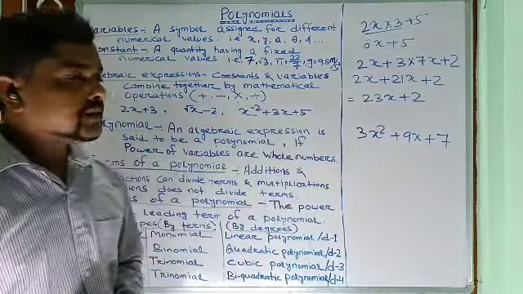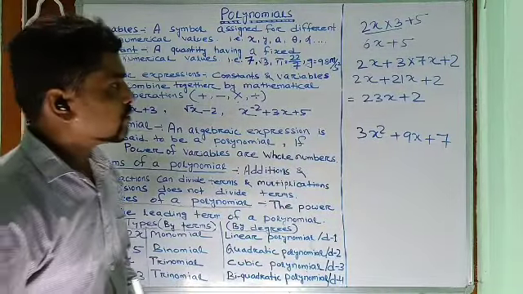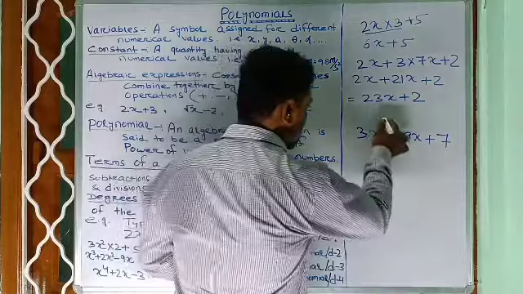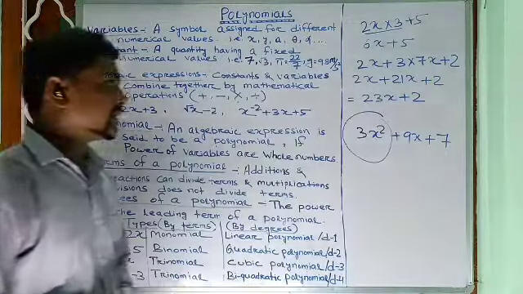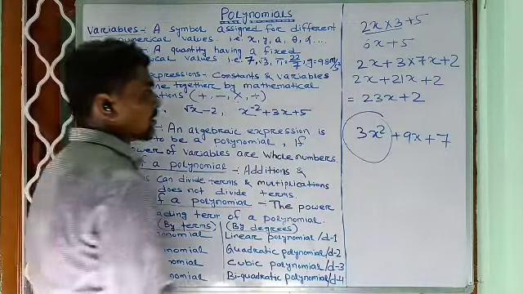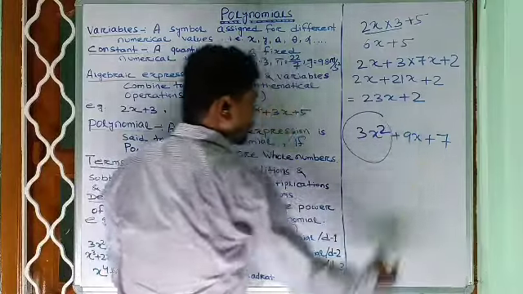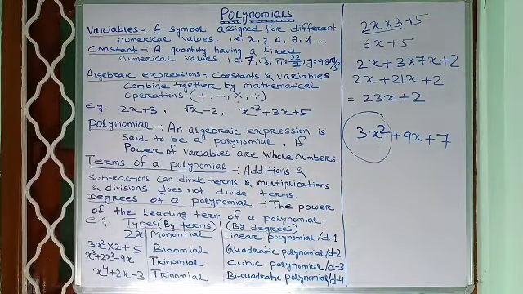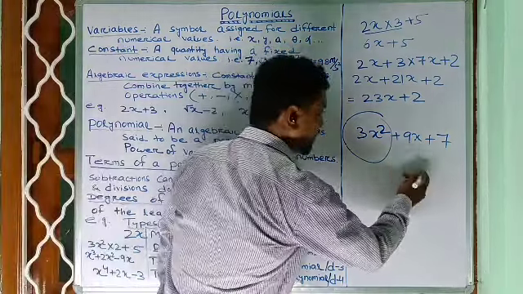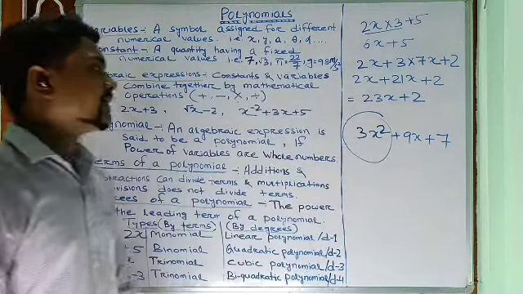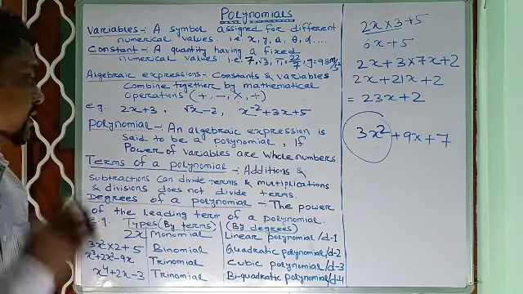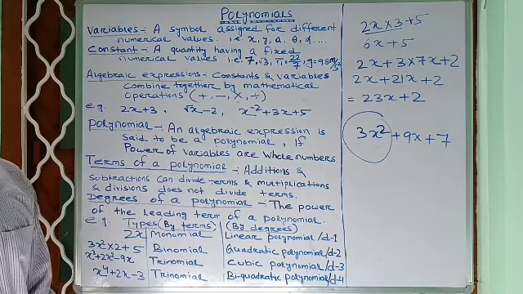The leading term means the highest power variable term. Here 3x square is the leading term, and the power of the variable is 2. So it's a degree 2 polynomial. By terms it is a trinomial. By degree it is a degree 2 polynomial, or we can say a quadratic polynomial.